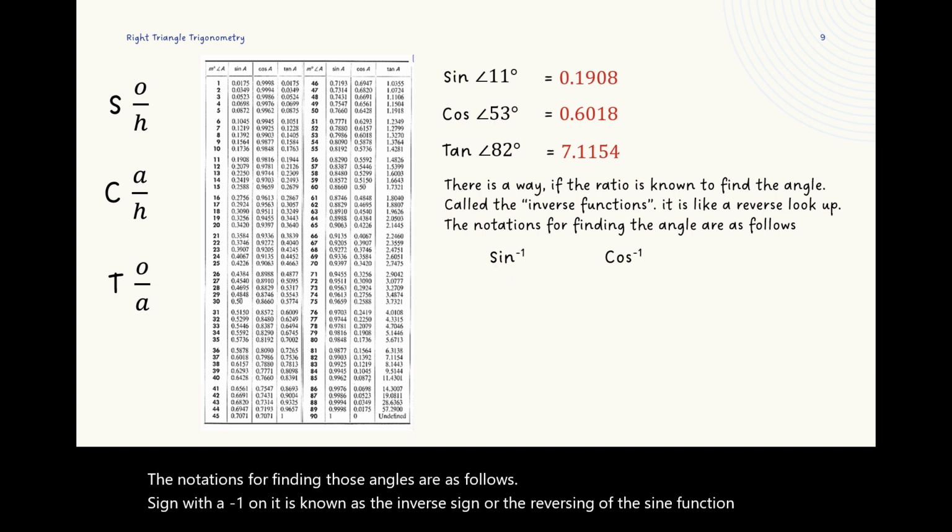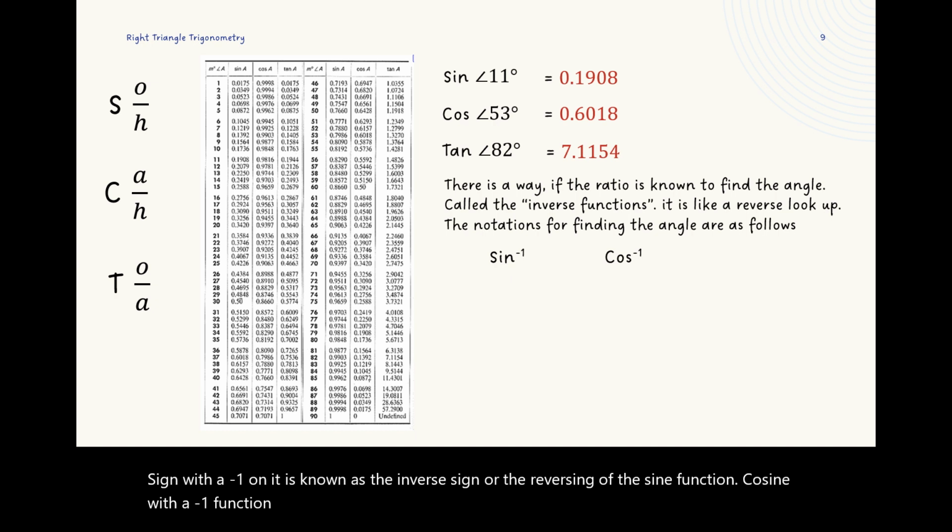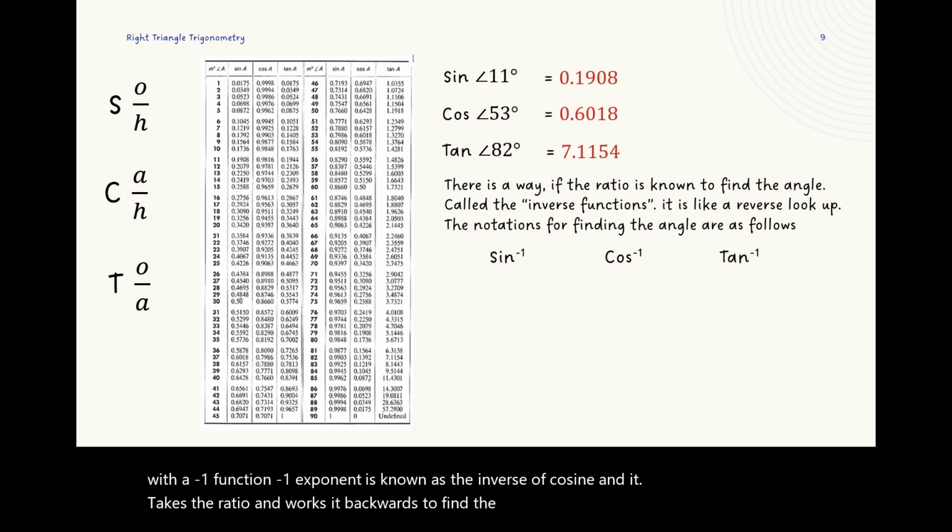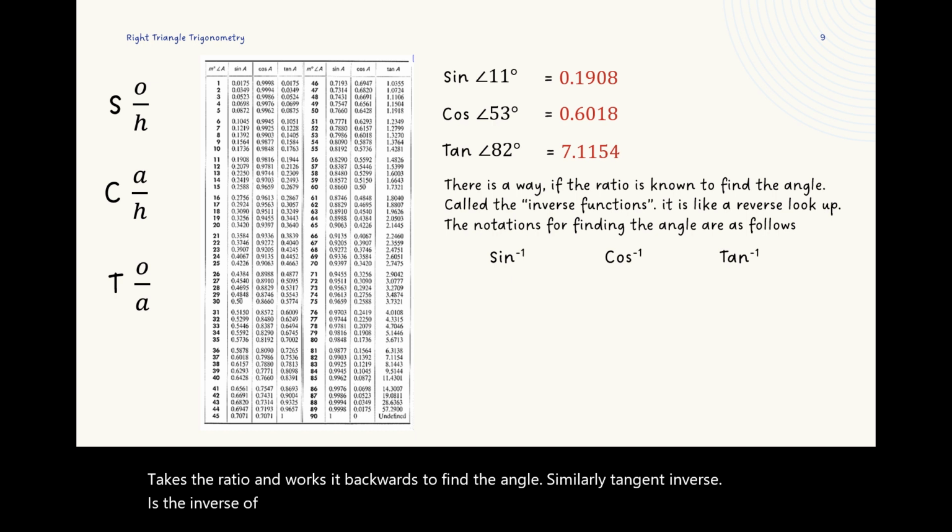Cosine with a -1 exponent is known as the inverse of cosine, and it takes the ratio and works it backwards to find the angle. Similarly, tangent inverse is the inverse of the tangent function. It means you were given the ratio and you're looking up the angle.